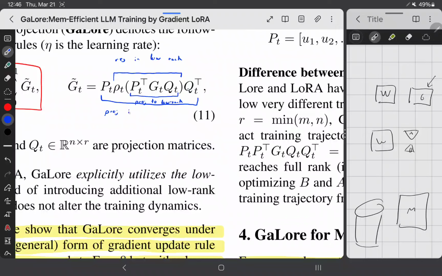So project into your full rank. So you basically project into some smaller space using these functions here. You then regularize in the low dimensional space, and then you bring it back to the high dimensional space it was originally part of by just inverting P and Q.